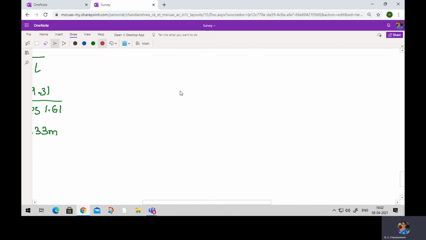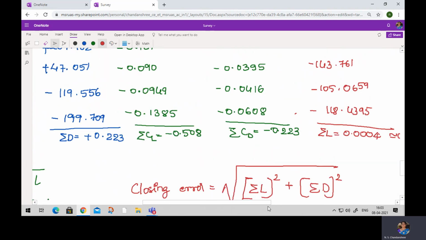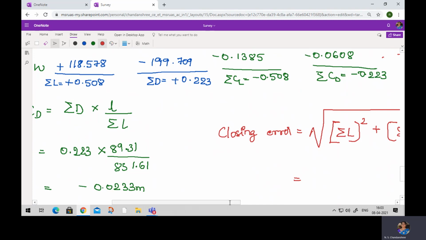Now one thing that we still have to calculate is the closing error. Till now we haven't calculated the closing error. The formula says closing error is equal to the square root of sigma L whole square plus sigma D whole square. Now the sigma L and sigma D values are the error values, that is sigma L is 0.508 and sigma D is 0.223.